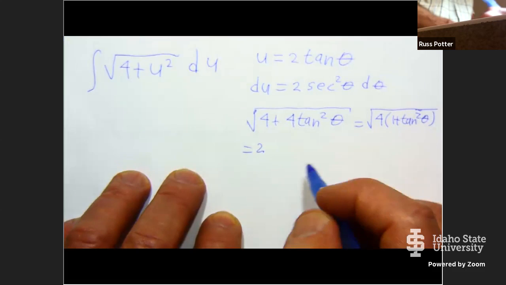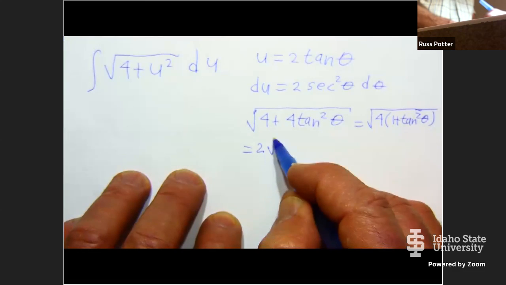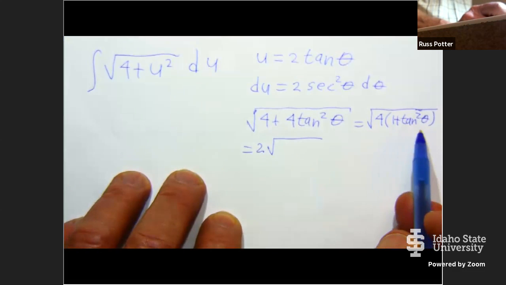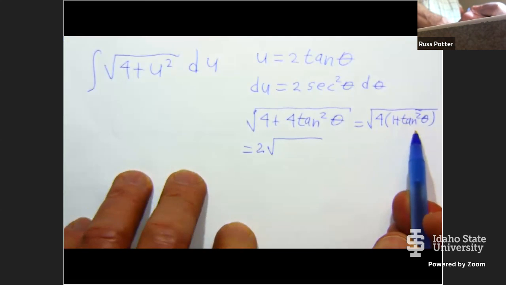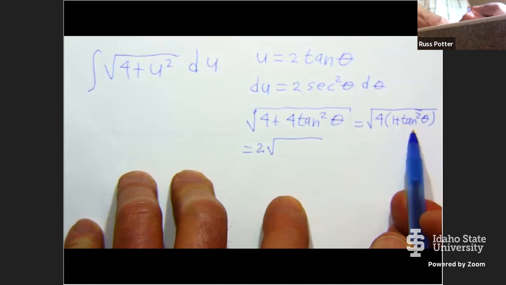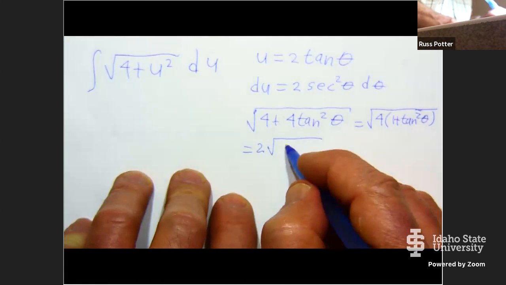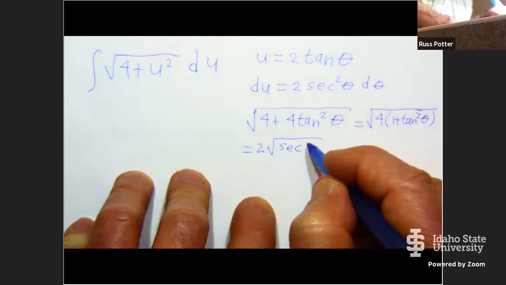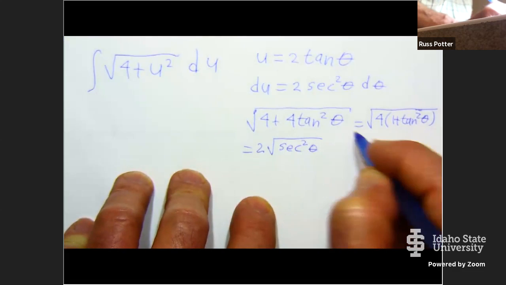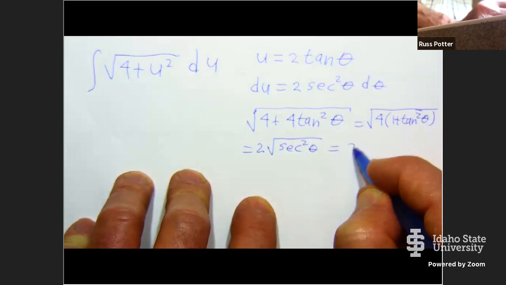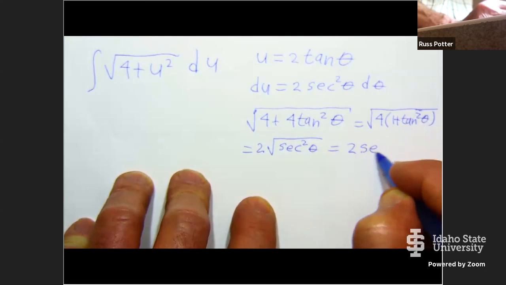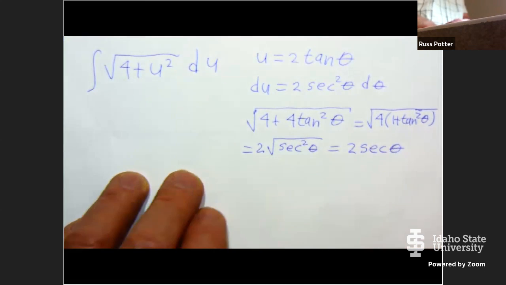Square root of 4 is 2. And then 1 plus tangent of theta squared is secant of theta squared, right? So we have 2 times the square root of secant of theta squared. So this just becomes 2 times secant of theta.